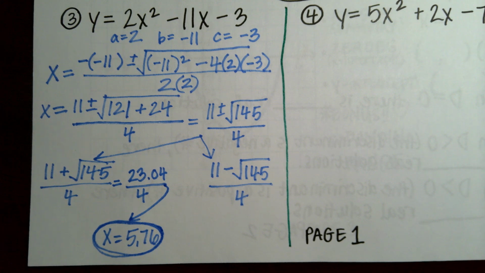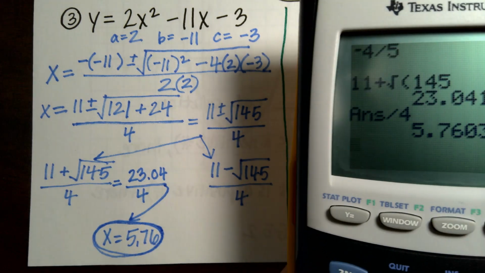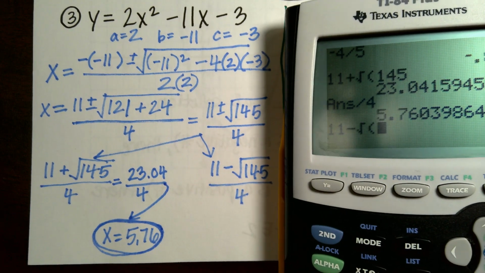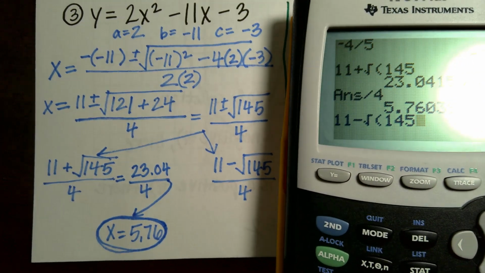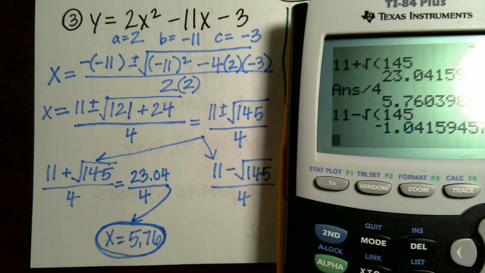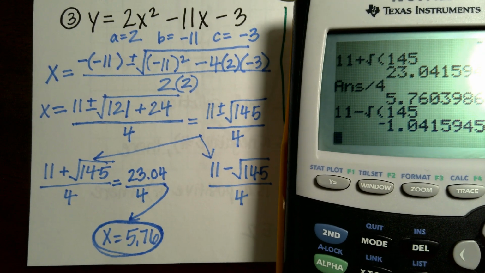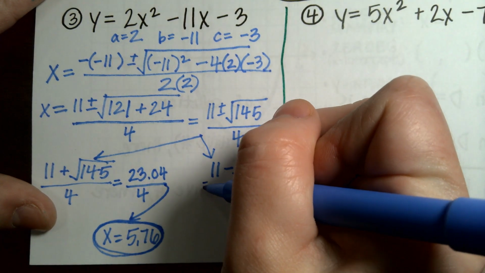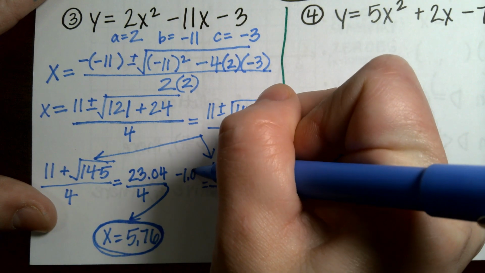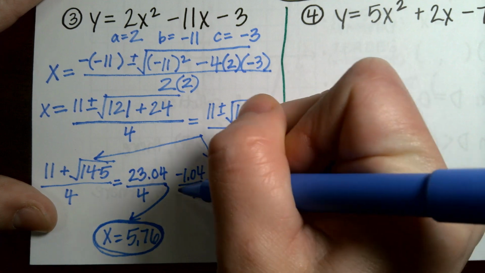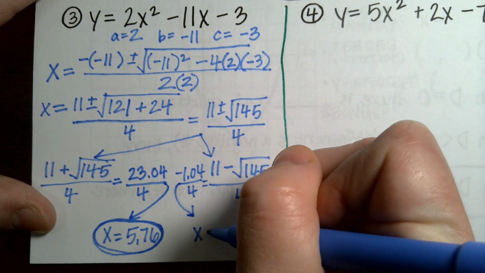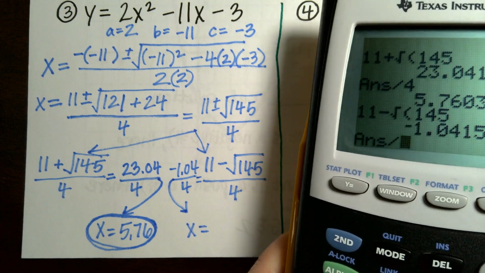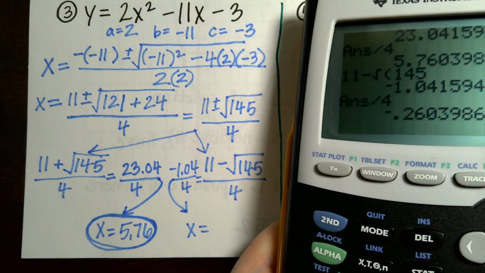Now my second one. Do 11 minus the square root of 145, then divided by 4.